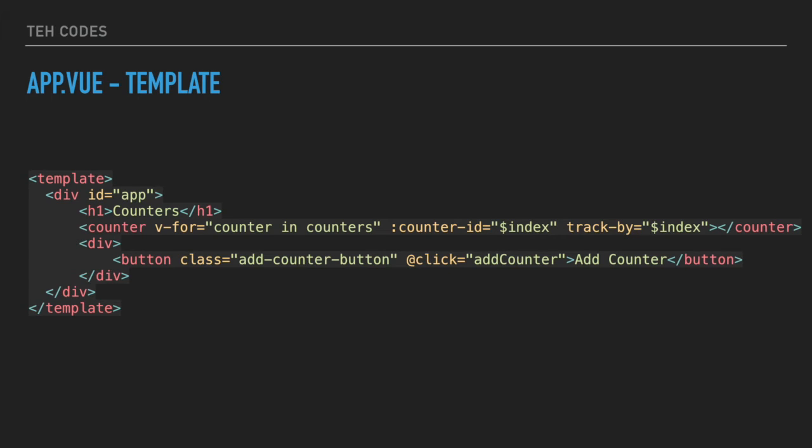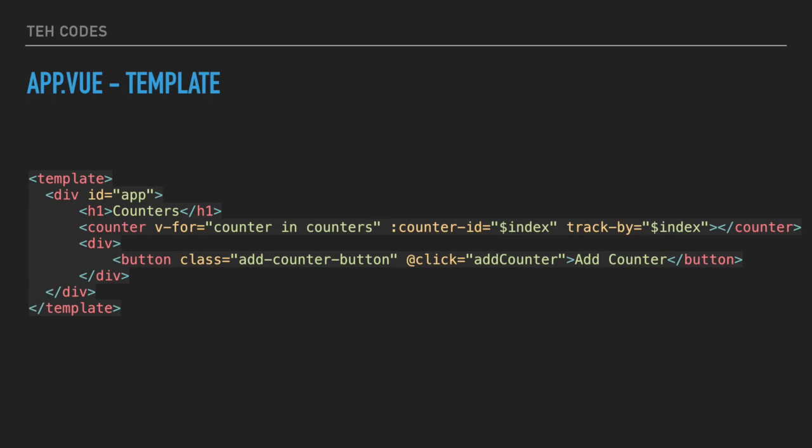I'm binding the counter.vue prop counter ID to the index of the counters array here, just for convenience, so that each counter knows which member in the array it should be looking at. We're putting track by $index in here, because if we don't do that, then when the array changes, the list of counters won't update necessarily.